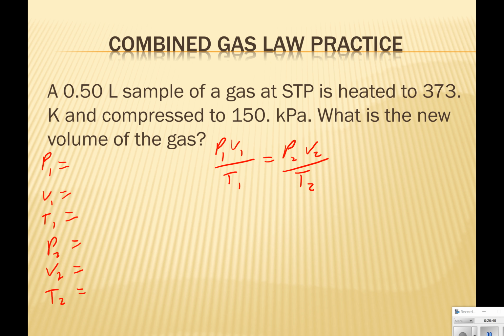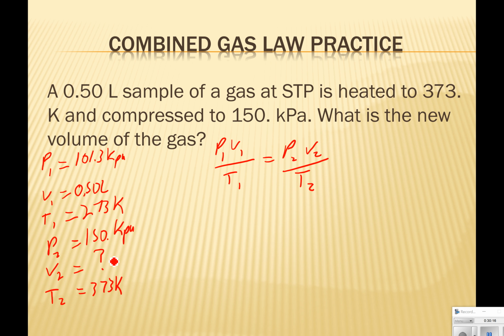So we have a half-liter sample of gas, starting condition, at STP. And I'll use 101.3 kPa for the standard pressure, and standard temperature will be 273 Kelvin. Now it gets heated to 373 Kelvin. And we see that it's compressed to 150 kPa.